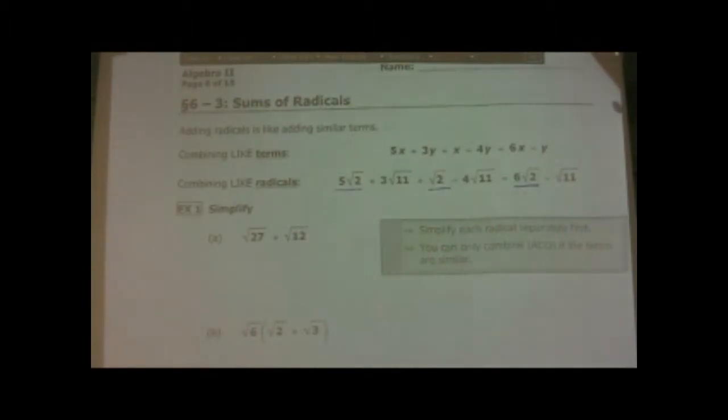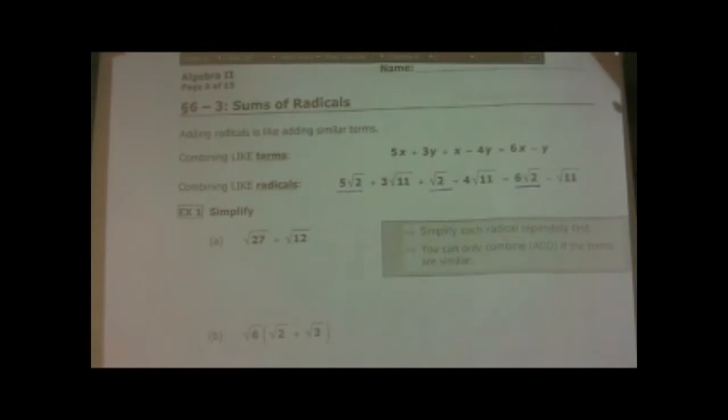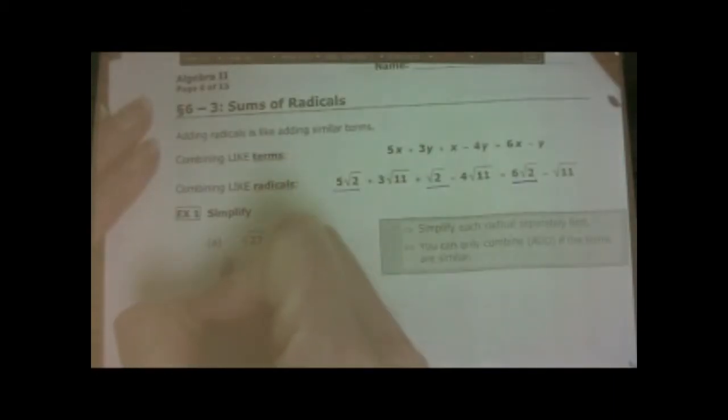So that's what we're going to do. These problems can take a while because you've got to simplify all the individual radicals. So I have to ask myself what perfect square goes into 27, and the answer to that is 9. 9 times 3. So I have the square root of 9 times the square root of 3. The square root of 9 is 3, so this is 3 square roots of 3.